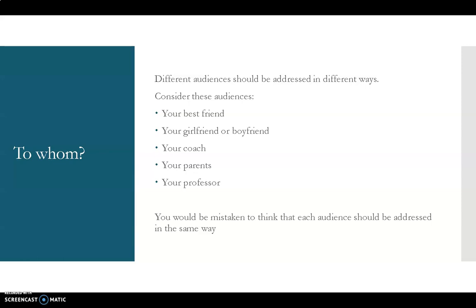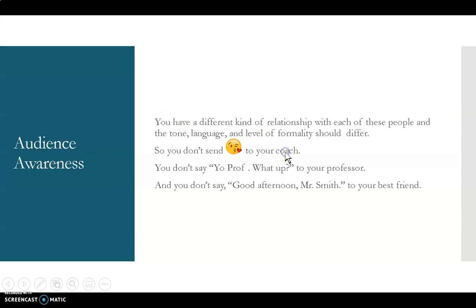So thinking about who your audience is, what they know about the topic, and how much background you need to give is important. It also can affect the language that you use, how formal or informal the writing is, what is appropriate to say to that audience. And so being aware of audience is really important.